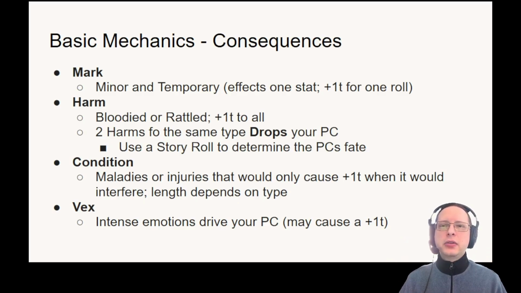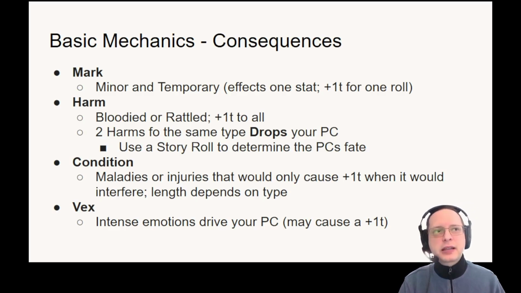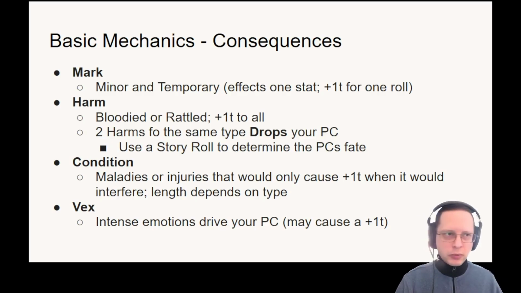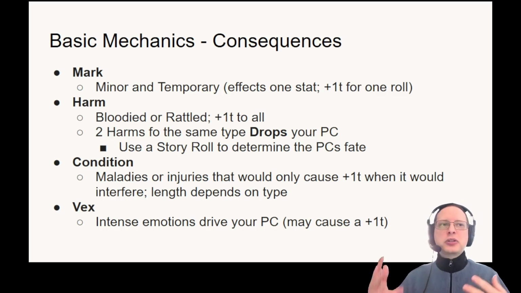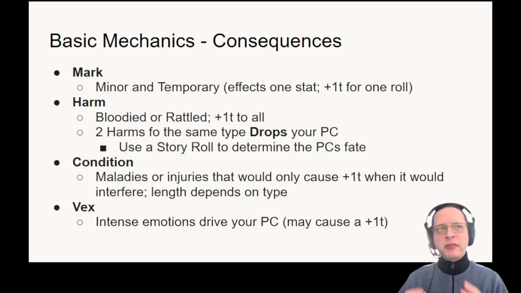But if you get two harms of the same type, then your character drops. Basically, this is the equivalent of your character being knocked out of play in a lot of other systems. What you would typically do is a story roll, which again refers back to that oracle, to determine your character's fate. Usually you would roll a 2d6 and then figure out: if it's a grim, then your character potentially dies.